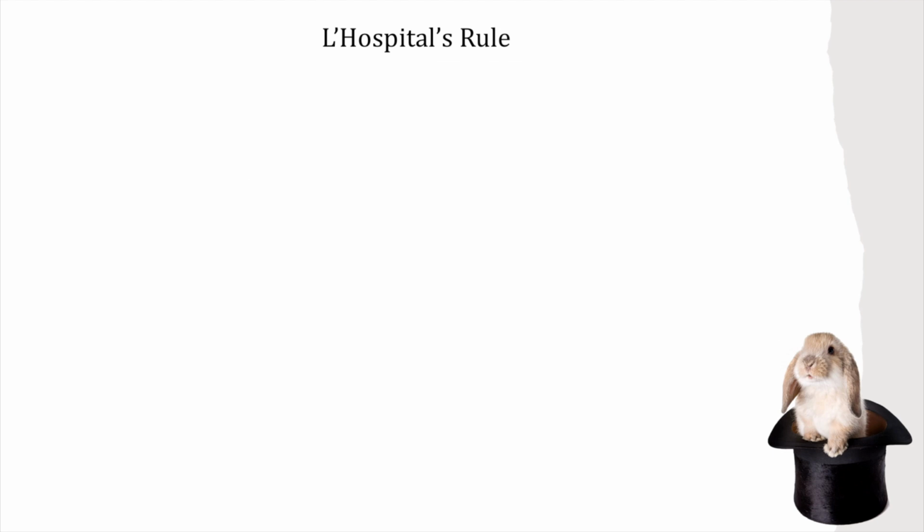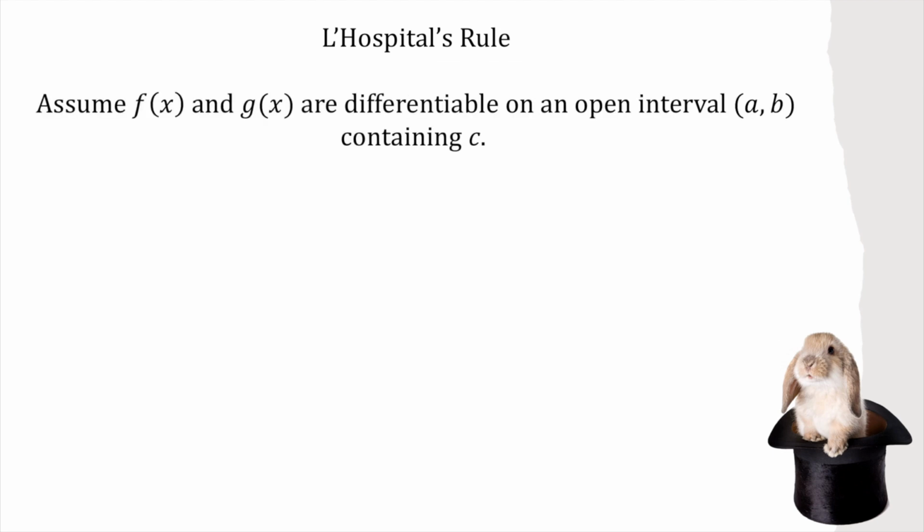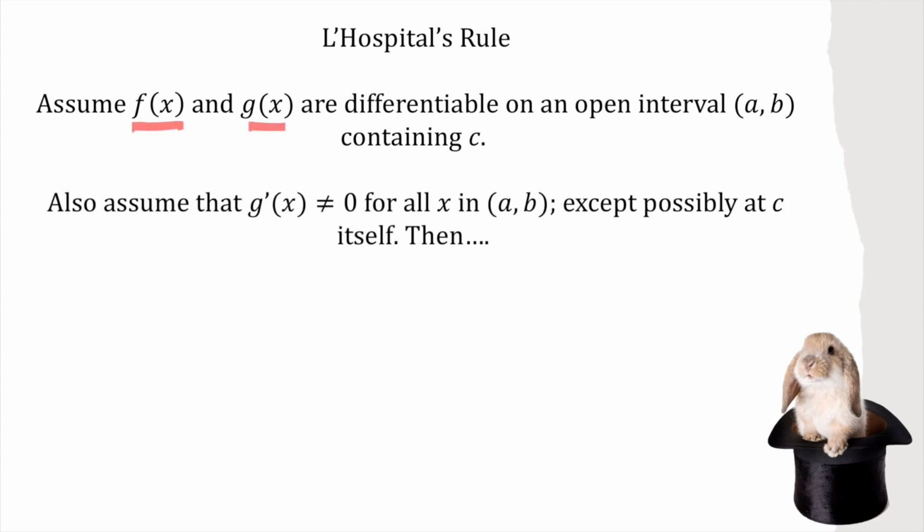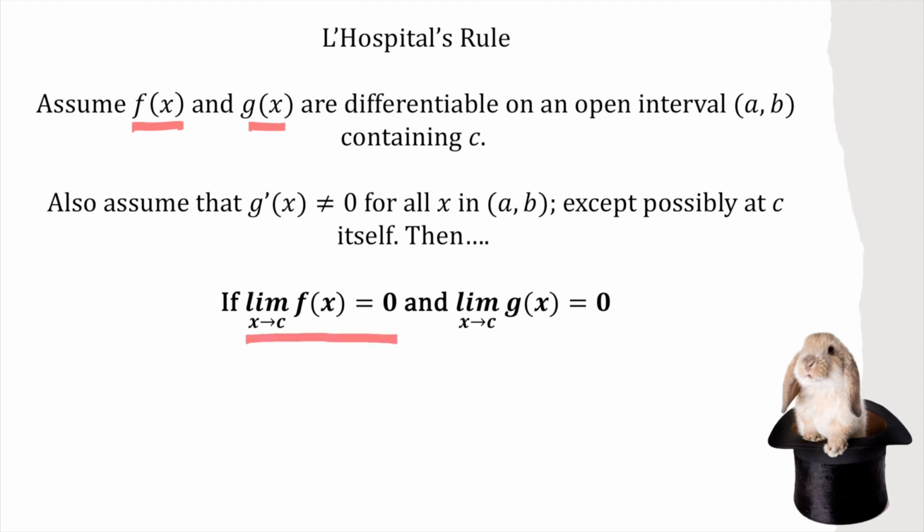L'Hopital's rule is magic. And what it says is we have two functions, f and g, that are differentiable. So let's say the limit as x approaches c of f of x is 0, and the limit as x approaches c of g of x is 0.